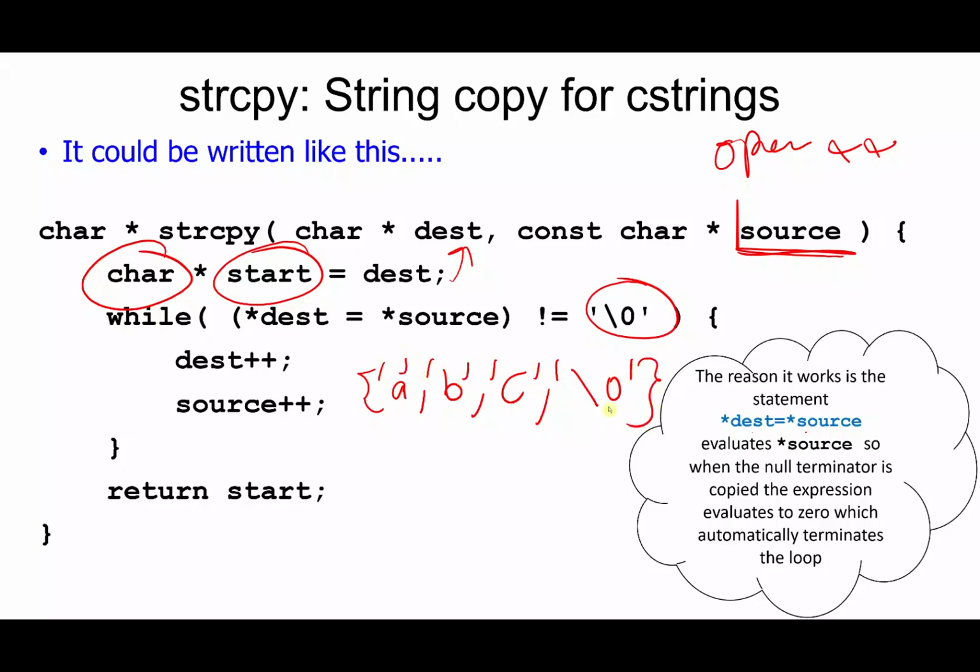I have dist, which is pointing at this one. This is dist, and this is source. Let's just, for abbreviation, call this source src. Both are pointing to the first locations of each array, right?